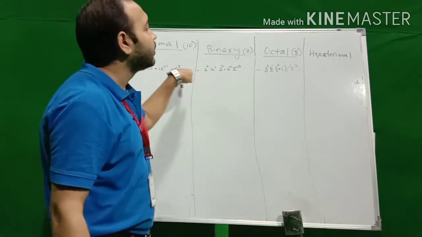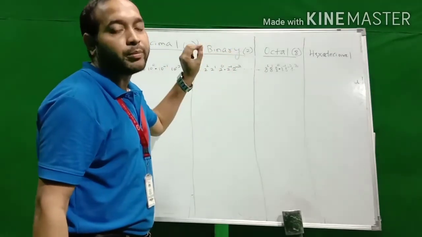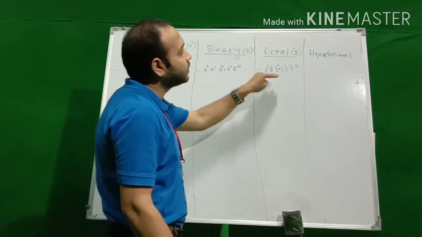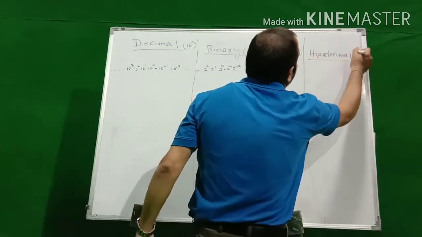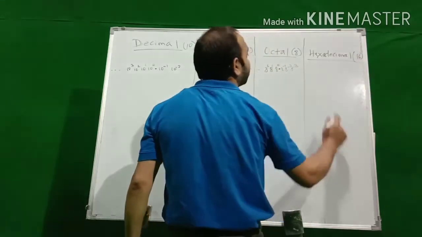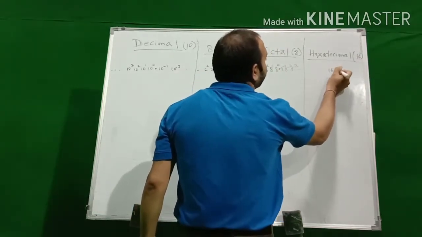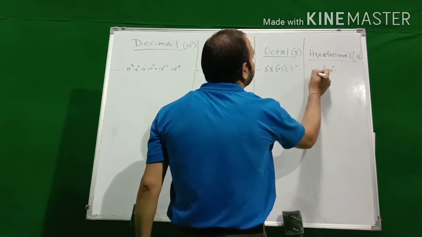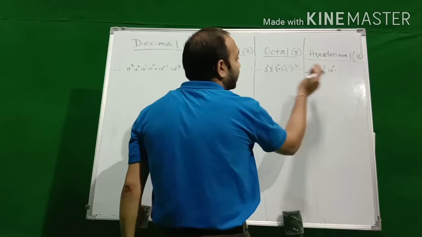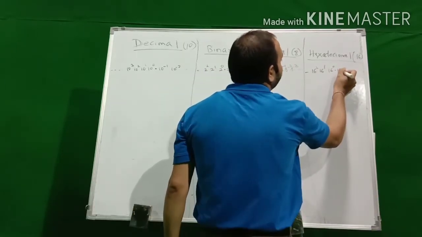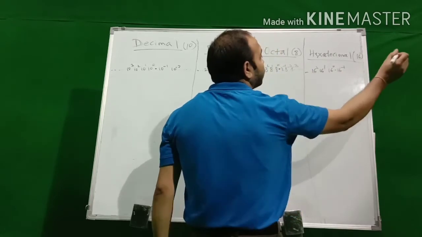Only you have to remember the base, the rest is the same. Again, in hexadecimal, same thing: you start with base 16 power 0, 16 power 1, 16 power 2, and same left hand side for the integer part, and for the fractional part you go right side.